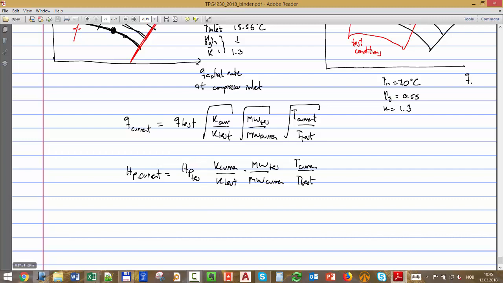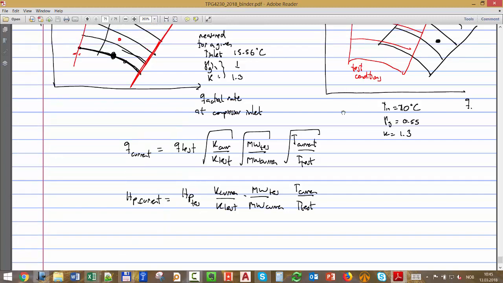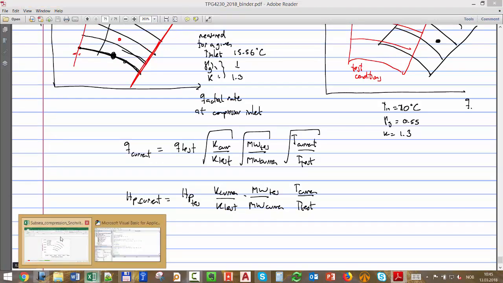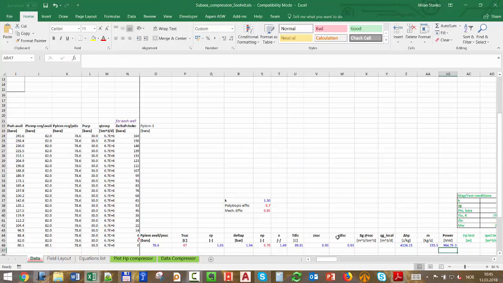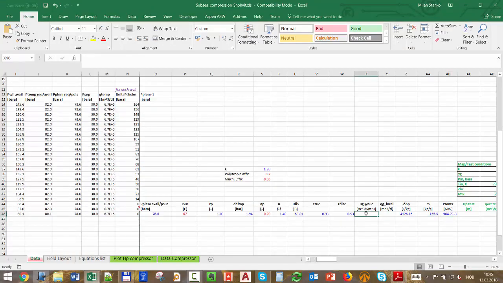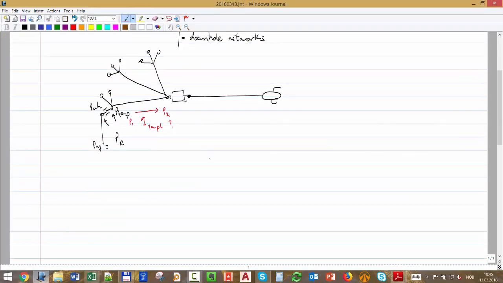So that's exactly what we're going to do. But for that, we need this guy, which is the actual rate. So to calculate the actual rate, if you remember, what's the definition of Q? Let's put here: calculate actual volume rate at compressor inlet.